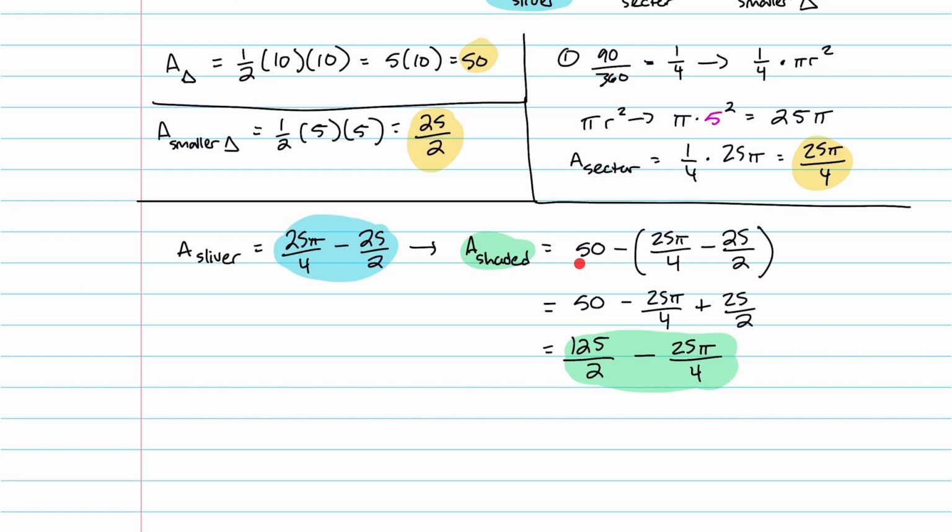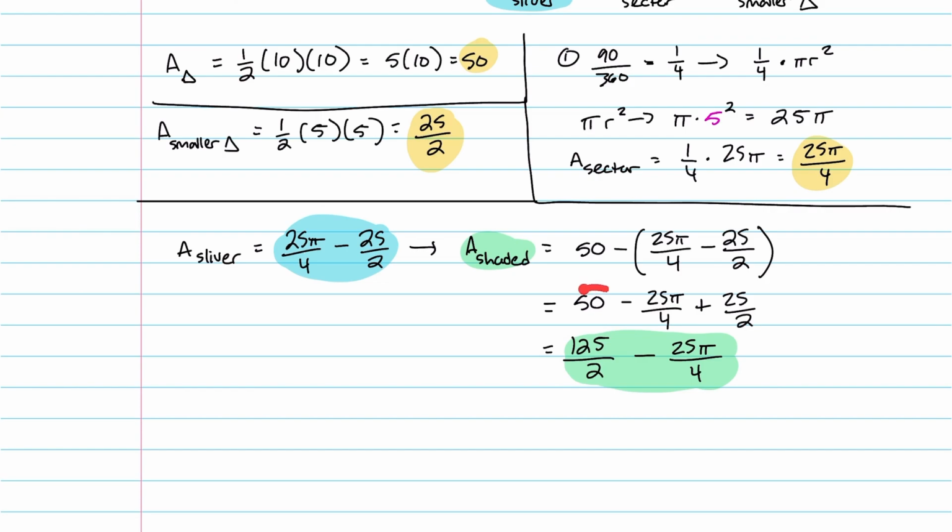Well, the area of the big triangle is 50, and I subtract, it's really important you put this in parentheses, the area of the sliver, right? I want to make sure it's in parentheses because I have to distribute this subtraction sign because there's more than one expression, if you will, in here. And so when I do that, I end up here. And the reason I go ahead and add these together is because I can.